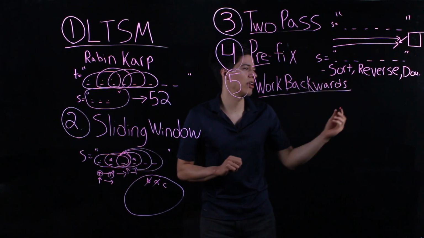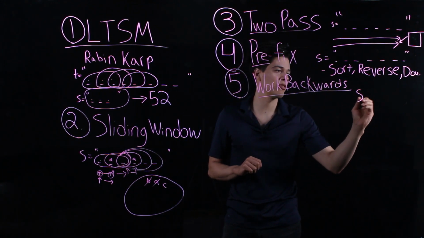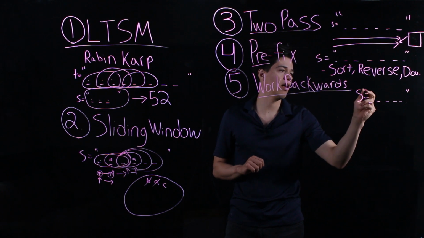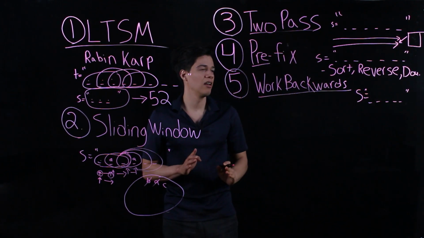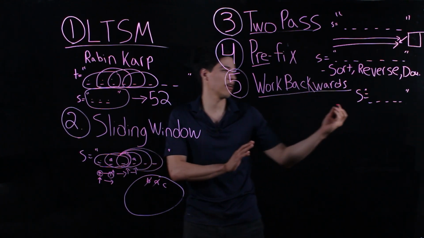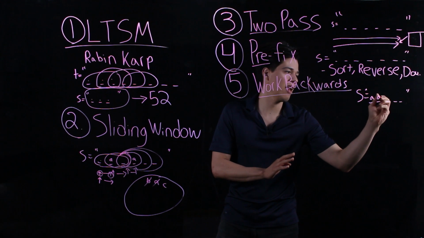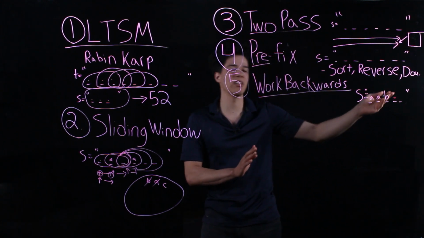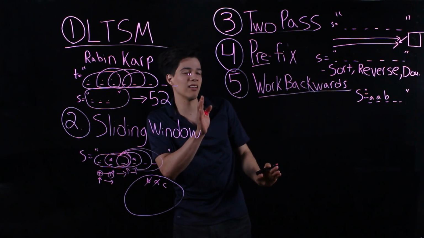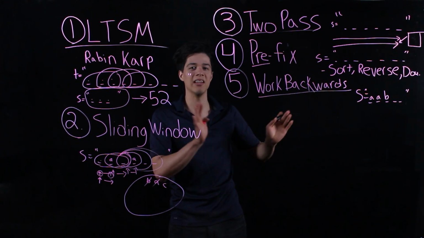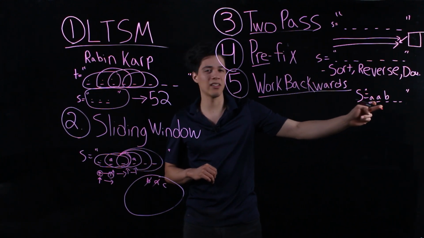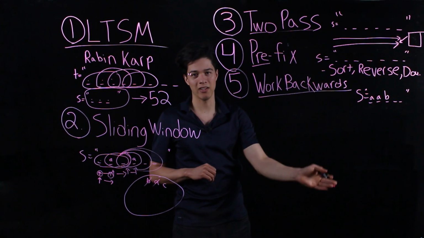What I mean by that is, let's say we have some string S again, and one problem I've seen a few times is: we have A, B, and maybe some empty space at the end. And they say for every A, replace it with CC, and for every B, replace it with DE or something, right? If we start from the beginning, we're going to erase characters. We're going to lose data, or we're going to have to use some external structure.